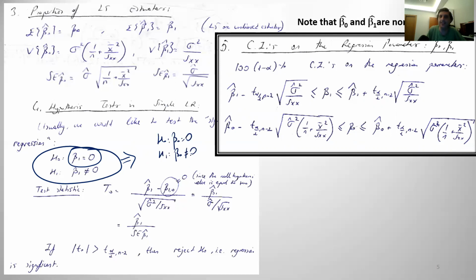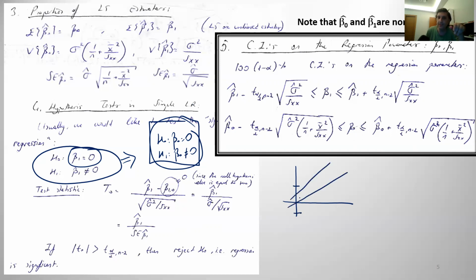You can do this test, but again, it is going to be specific for your purpose, if for some reason you are interested in whether beta 0 is equal to 0 or not. It has no relation to the significance of regression, because what we are trying to find in the significance of regression is the relation between x and y, whether it intercepts here or anywhere, or it's 0.